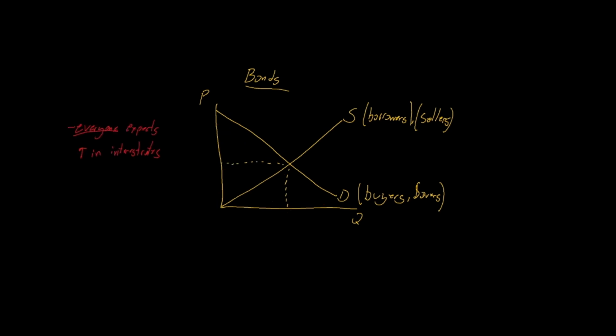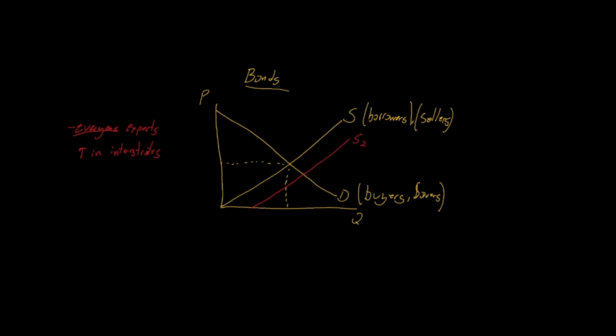Now let's go through a more prominent example, one that could be much more applicable to macroeconomics and economic environment. Let's say everybody expects an increase in interest rates, everybody being both borrowers and buyers. So what does this mean for the supply side first, the borrowers or the sellers of bonds? Well, this would actually increase supply in the bond market.